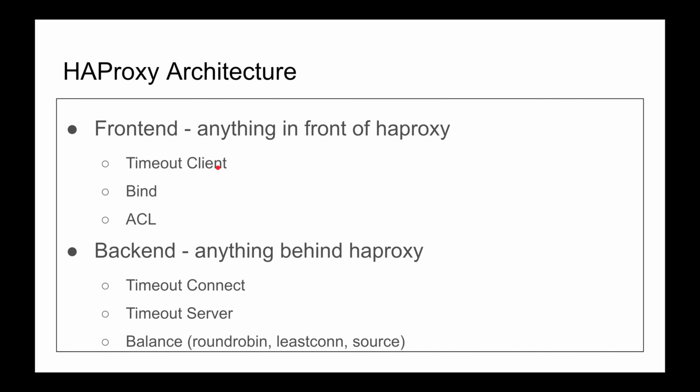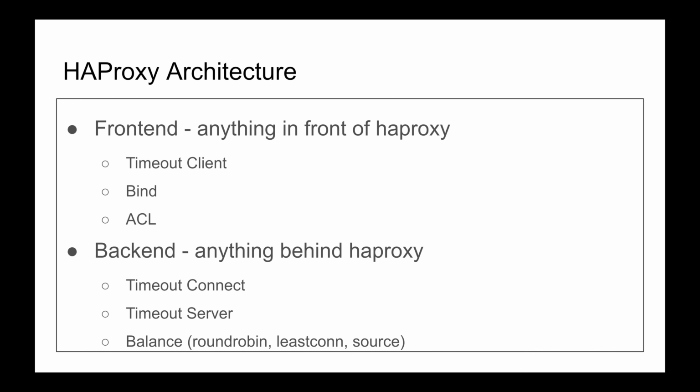And here's some of the configuration that you can do on the front end. There's a timeout client. Let's talk about that one, right? Because we're going to use all of these in our configuration when we get to the example, right? So timeout client is like, how long do you want me to wait before I disconnect the client if it's not doing anything, right? Because when the client, like a mobile phone, connects to a HAProxy, right, it establishes a TCP connection, right? And when you do that, it's a stateful TCP connection that is alive, that's living, right?